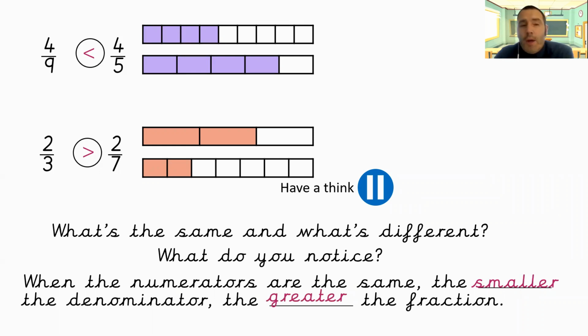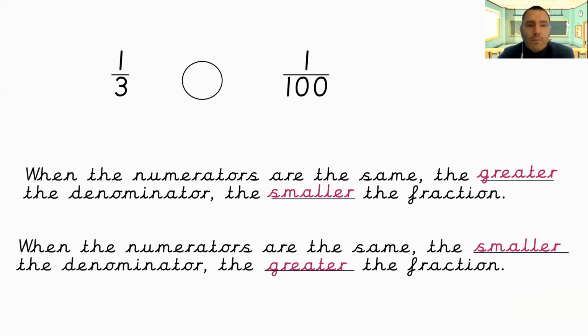So it's worth keeping an eye on that and remembering that the number of pieces that something's broken into has a big effect on how much each piece is worth. So when the numerators are the same, the greater the denominator, the smaller the fraction. And when the numerators are the same, the smaller the denominator, the greater the fraction.